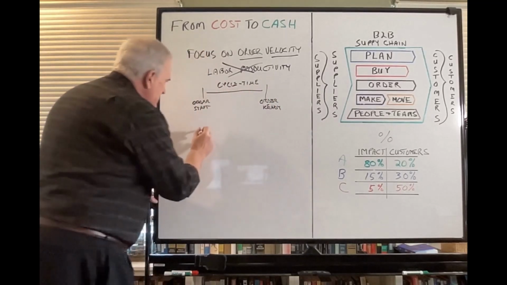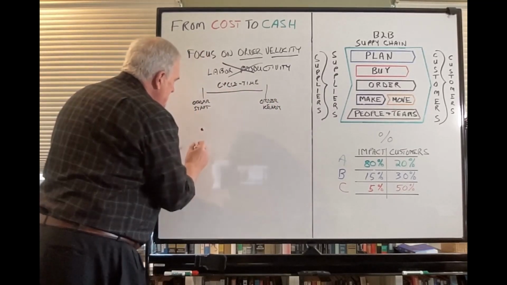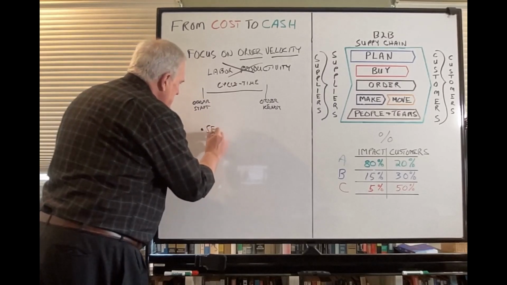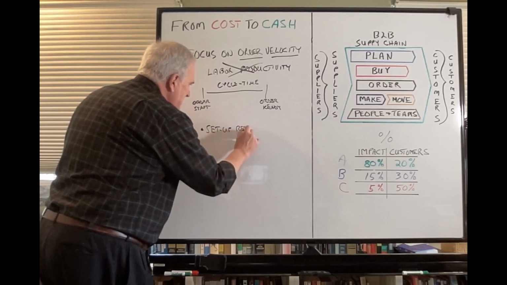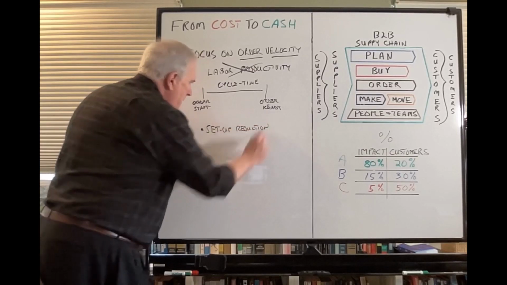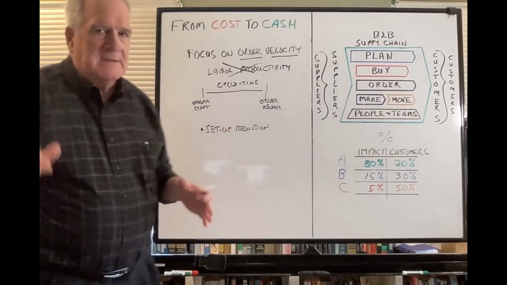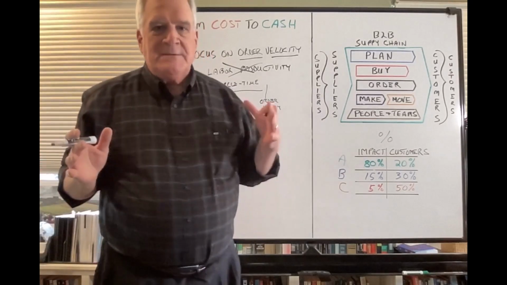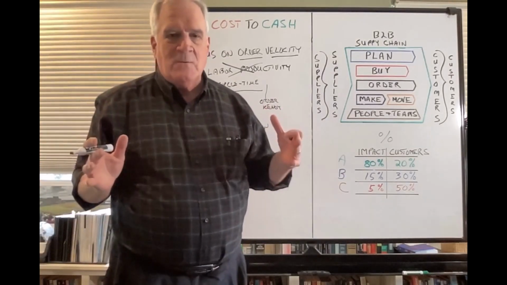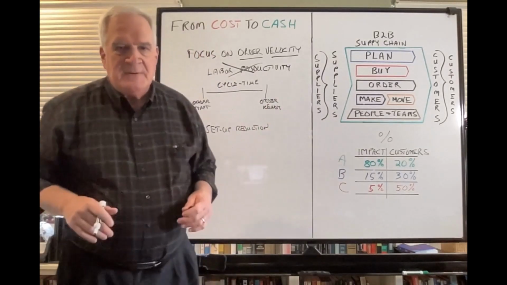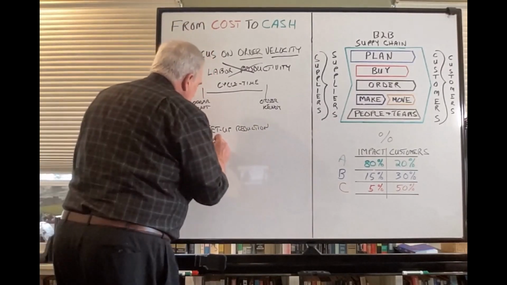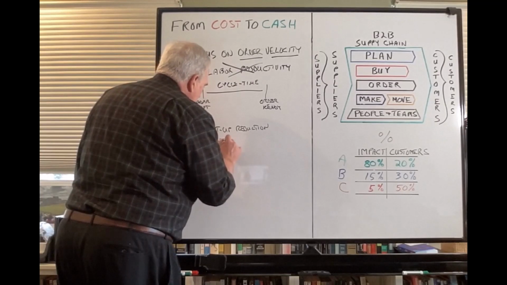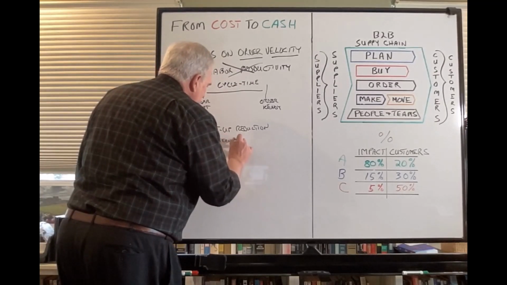And there's two main things you can do to help reduce that time. The first, as we've talked about in another session, is setup reduction. So the time it takes us to go from the end of one order to the start and really running on the next order, compressing that time as much as possible, which is all about focusing on internal versus external activities.